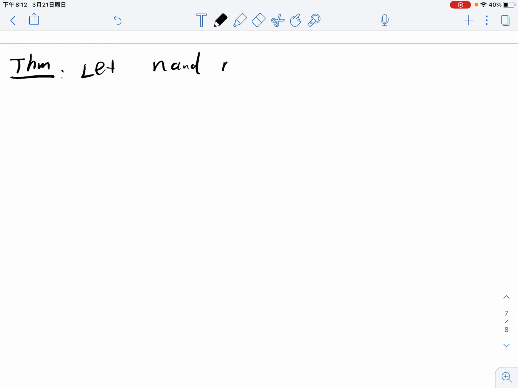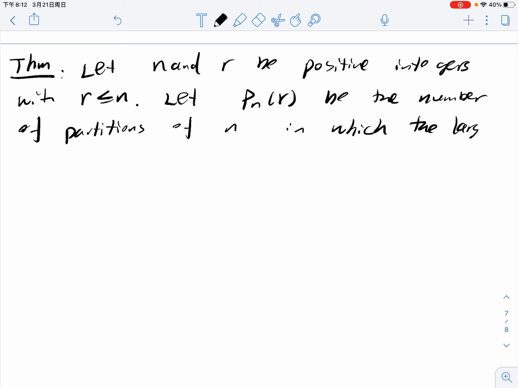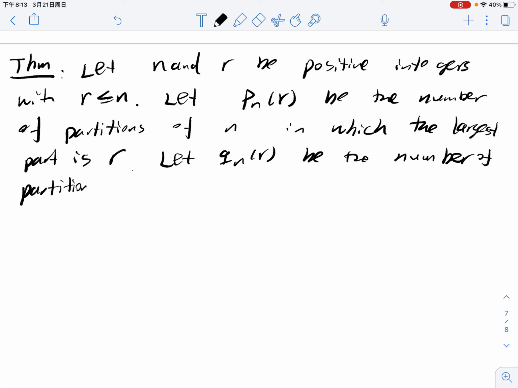So let n and r be positive integers with r less than or equal to n, and let p(n,r) be the number of partitions of n in which the largest part is r, and let q(n,r) be the number of partitions of n minus r in which no part is greater than r.